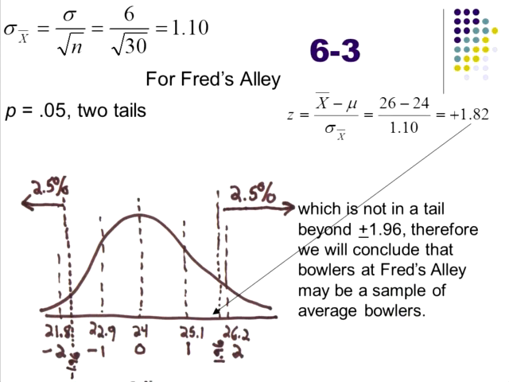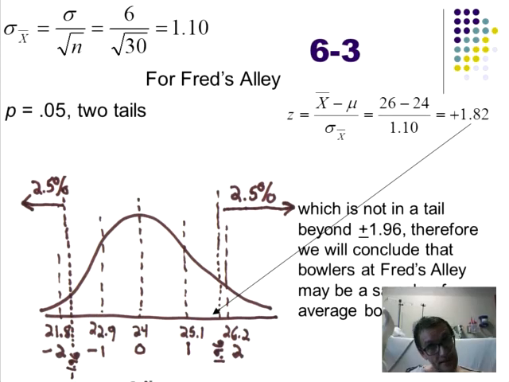But that 1.82 does not fall in those outside regions. In fact, those two regions, the 2.5% to the left and 2.5% to the right, are going to have a special name moving forward. We haven't come up with it yet, but here's a preview: they're going to be called regions of rejection. So that 1.82 does not fall into a region of rejection. It falls into a region of non-rejection.